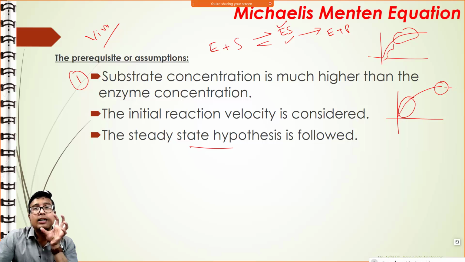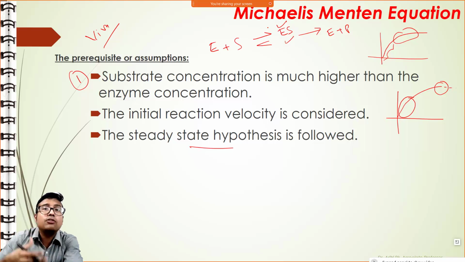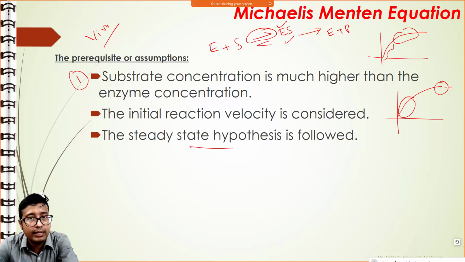It means the rate at which enzyme substrate complex is formed is same as the rate at which it is broken. So, it means what? See this arrow. So, what reaction is leading to formation? It means this. So, enzyme plus substrate is forming the enzyme substrate complex. So, this arrow is the forward reaction, right?